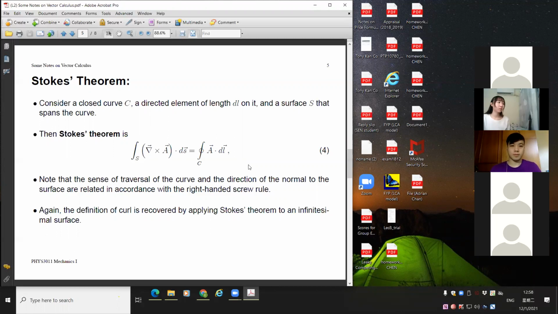This integral is equivalent to a closed contour integral of the dot product between the vector A and the line element vector dl. This is the so-called Stokes theorem. When you study E&M, you realize that this theorem is very useful.